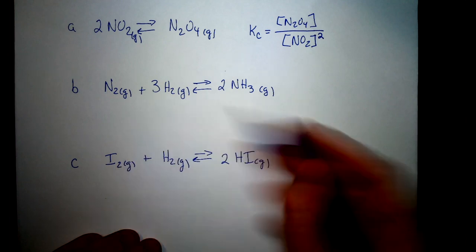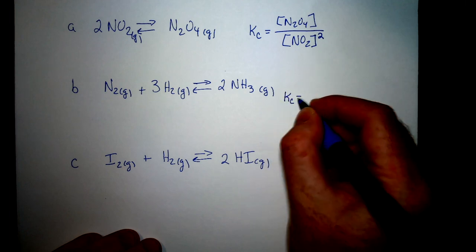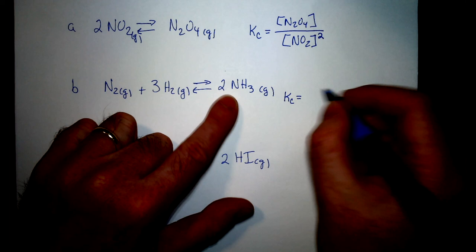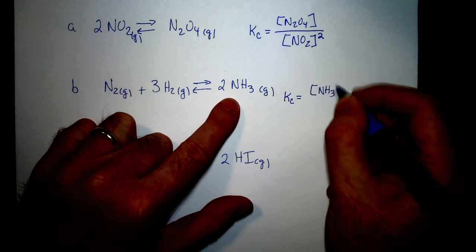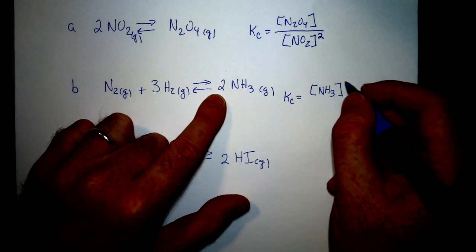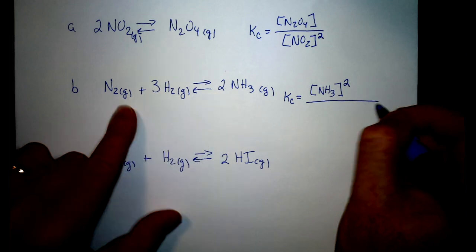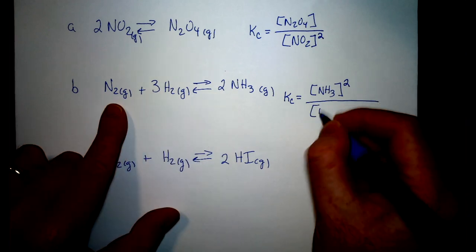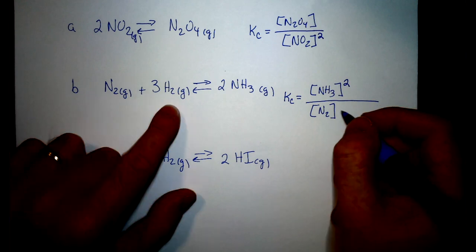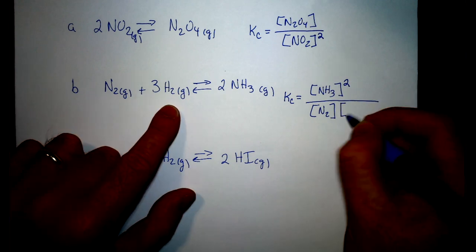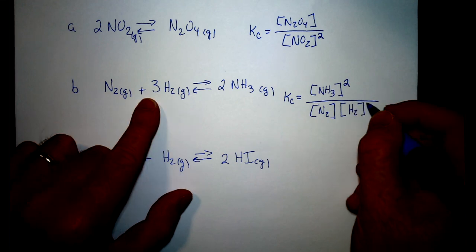Let's look at this one. Kc, so products, going to be concentration of NH3. There's a 2 coefficient, so quantity squared, divided by concentration of N2. Coefficient's only 1, so no exponent. And then we're going to have H2, and there's a 3 there, so we're going to say cubed.